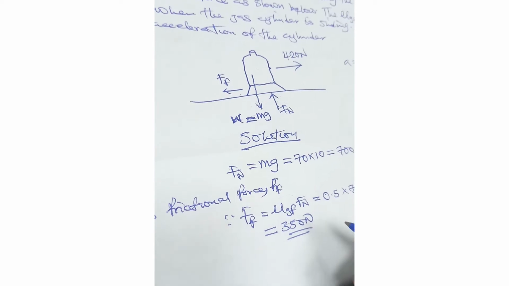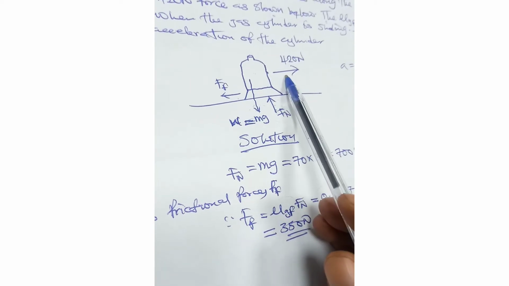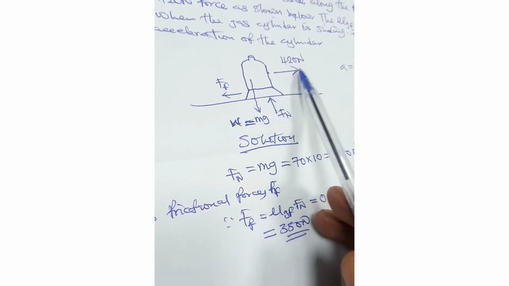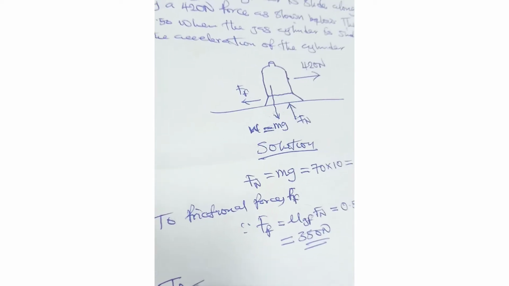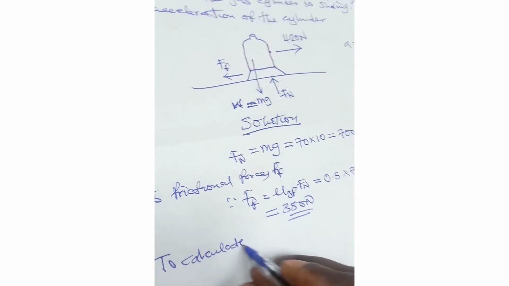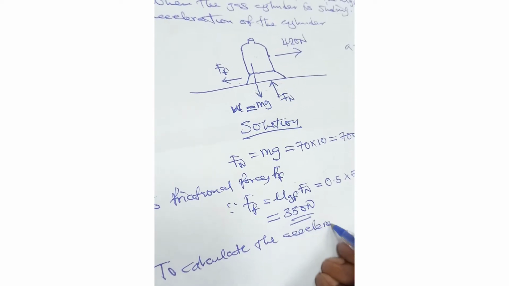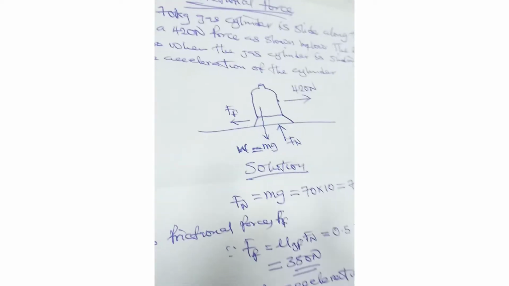Now, having gotten the friction that is opposing this movement when this force is being applied, we can now calculate the acceleration. To calculate the acceleration, we need to go back to the diagram.